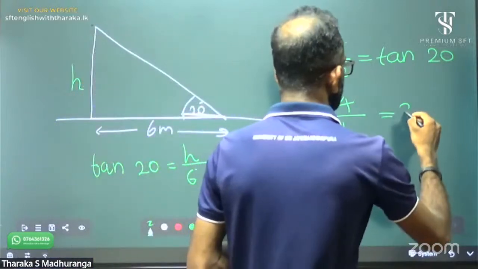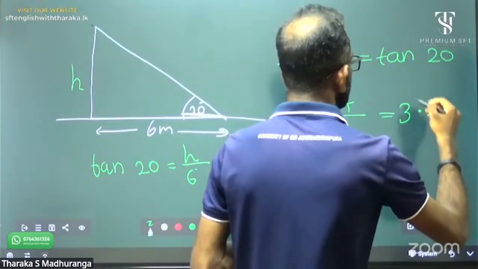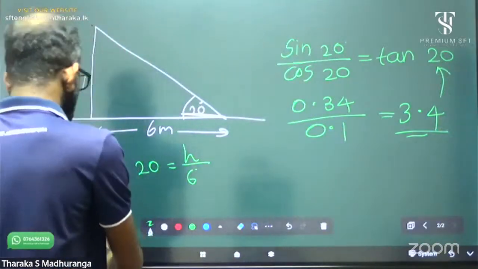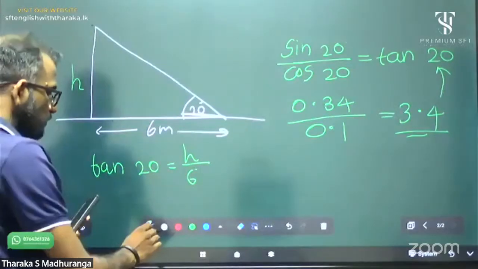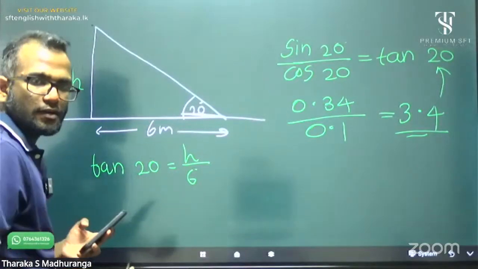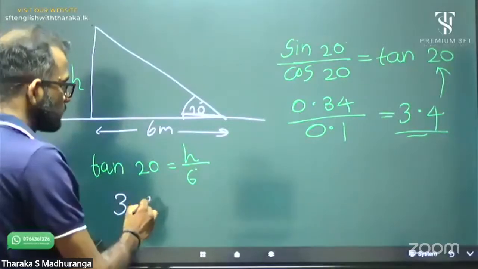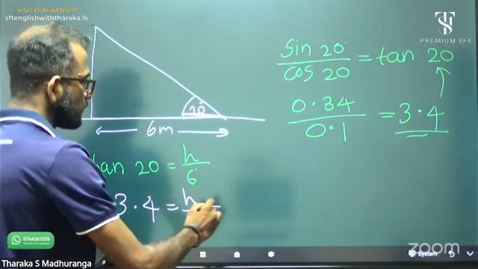It is 3.4. So 3.4 is tan 20. 3.4 equal h over 6.